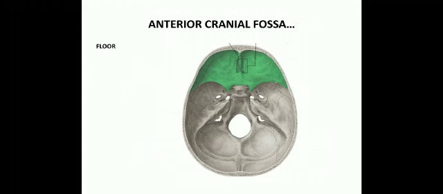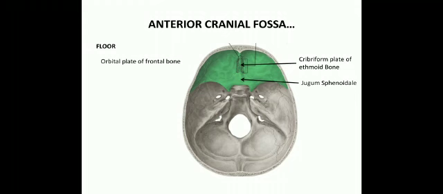The floor is formed in the median plane by the cribriform plate of the ethmoid bone, and posteriorly by the jugum sphenoidale, that is the anterior part of the body of the sphenoid.